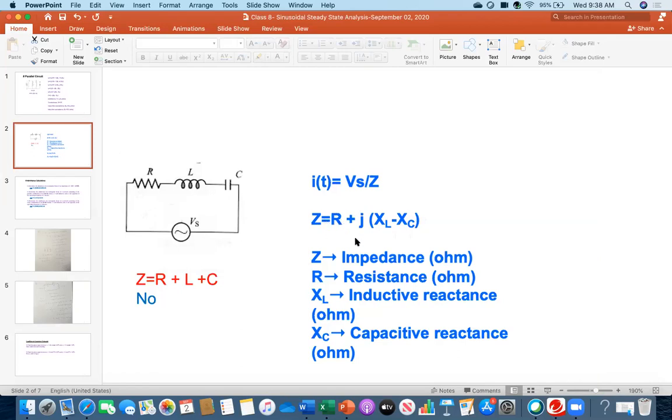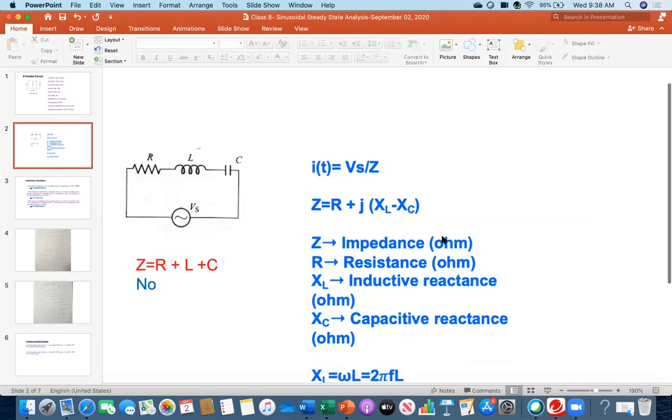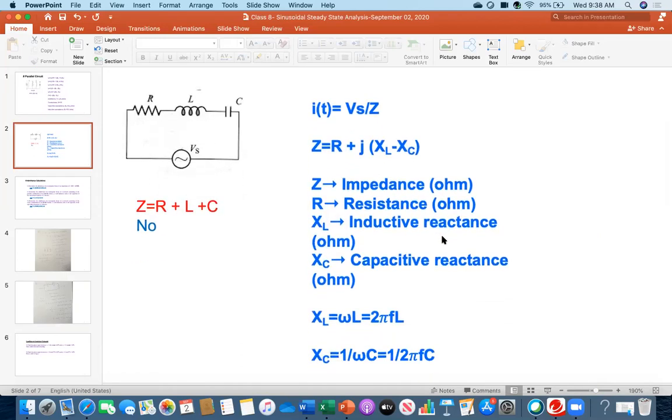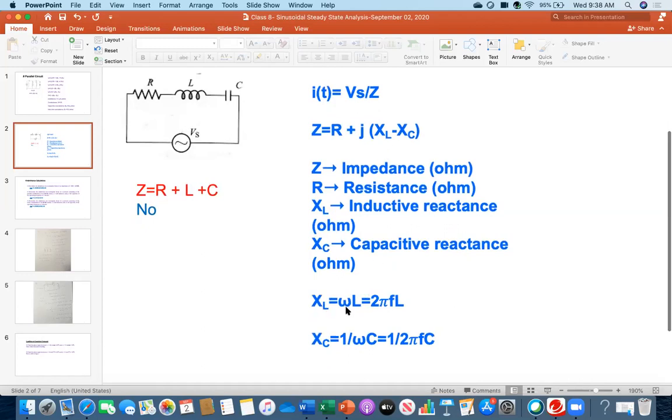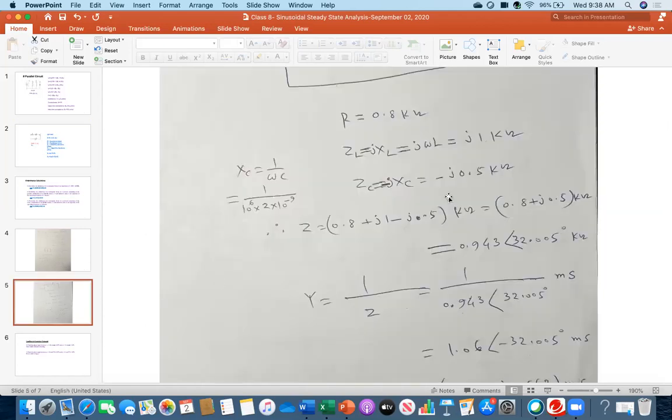R is fine, but I have to find XL and XC. Then I am fine. Once again, what is XL? XL is omega L, 2 pi f L. What is XC? 1 over omega C, so 1 over 2 pi f C. By utilizing this, I am able to solve this problem.